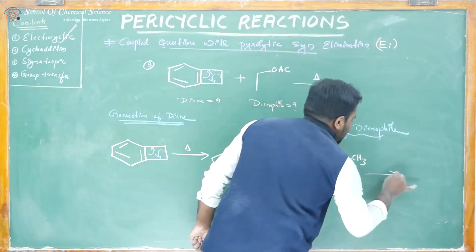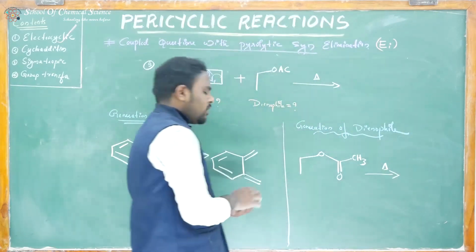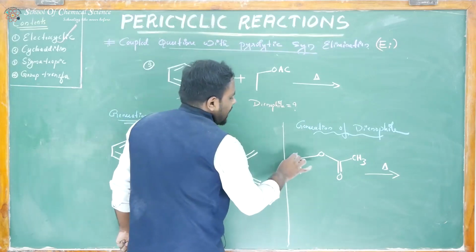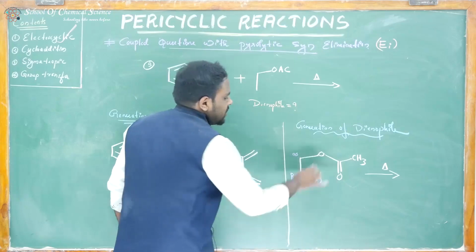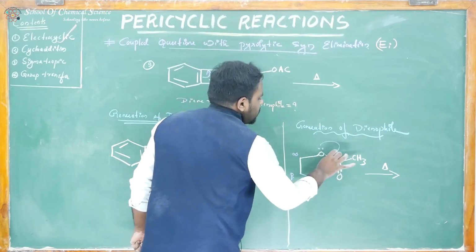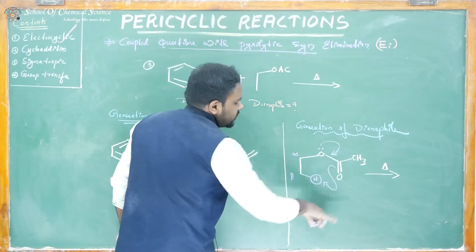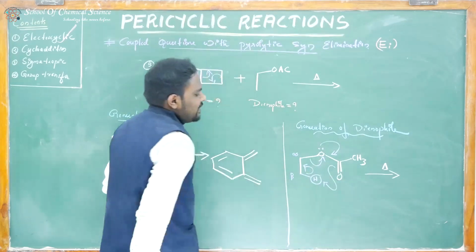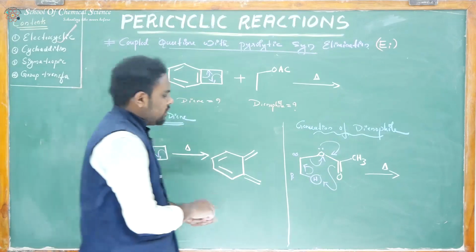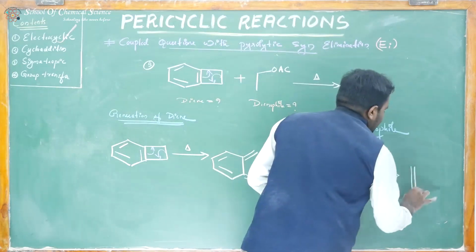Under thermal condition, what type of reaction? Pyrolytic syn elimination. This is the alpha carbon, this is the beta carbon, and this beta carbon contains a hydrogen. The lone pair on oxygen shifts towards this side, this bond shifts towards the hydrogen, and this will make a pi bond here, and that is eliminated. Circulation of electrons, so that you get a diene.